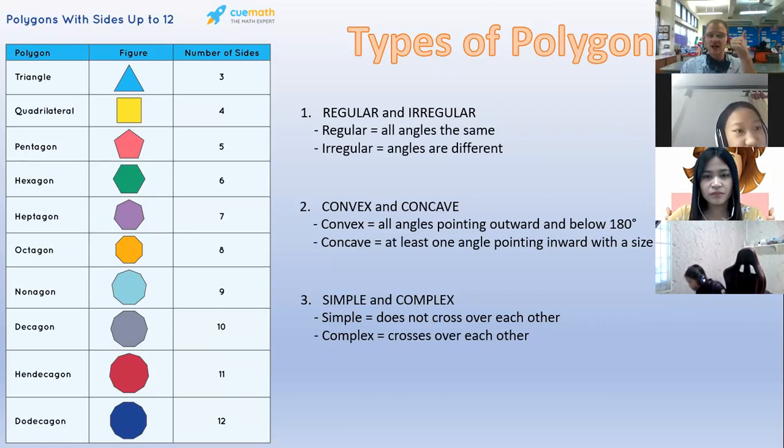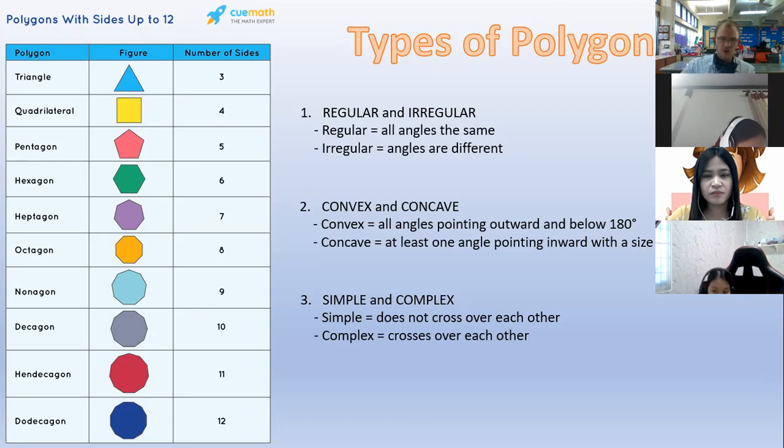So the triangle is for 3, a quadrilateral for 4, pentagon 5, hexagon 6, heptagon 7, octagon 8, nonagon 9, decagon 10, hendecagon is 11, and the dodecagon is 12.